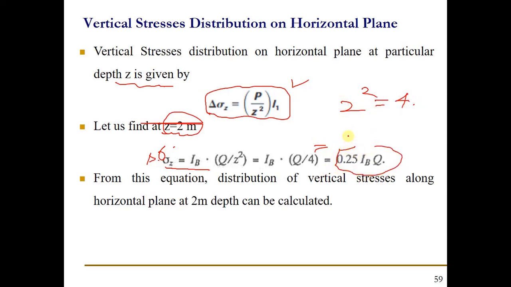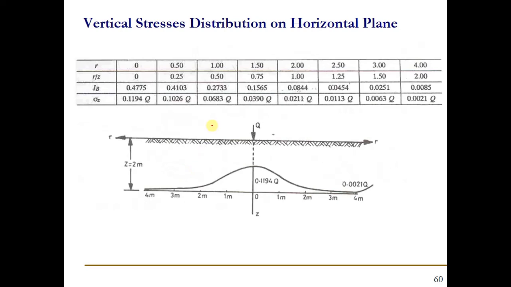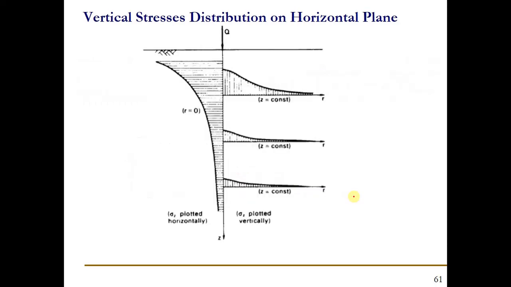For various values of Q and various values of I, you can plot this at a depth of 2 meters, for different distances away from the center or the line of action. So you can plot how delta sigma will change in the horizontal direction.